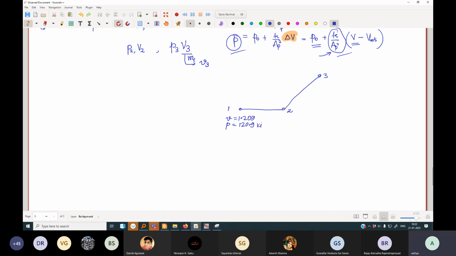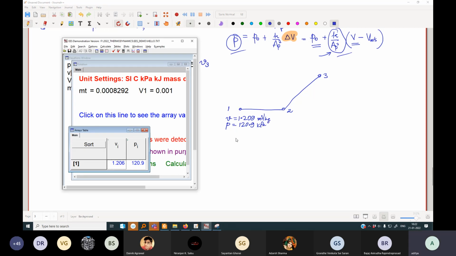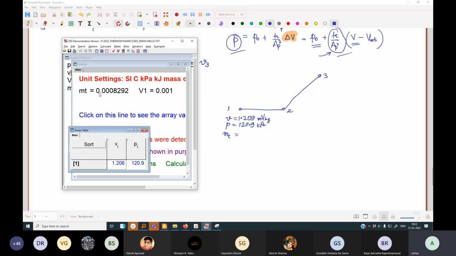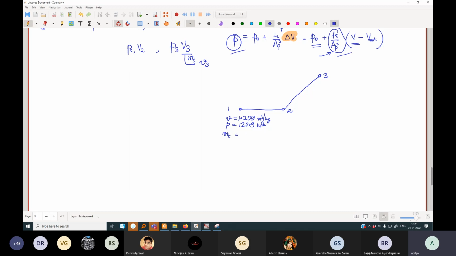So they are all standard units, kilopascal, meter cube per kg. Total mass is 0.00308292. Okay, so we have this so far.